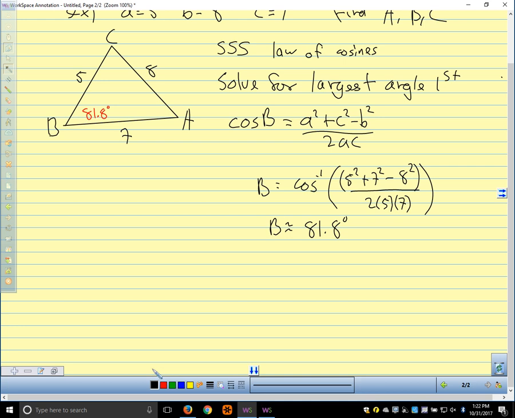All right, second piece of advice. When you use the law of cosines once, finish the problem with law of sines, because law of sines is easier to use, and now we have a side side angle triangle, and we can use the law of sines on that.